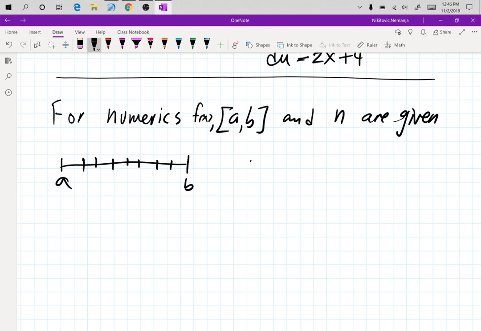So you will calculate that delta x is b minus a over n. Then you go a plus delta x, a plus 2 delta x, and you keep adding these. Then you will be computing the f of x's, and you know the formulas with the patterns: 1, 2, 2, 2, 2, 2, 2, 1 for trapezoid, and 1, 4, 2, 4, 2, 4, 2, 4, 1 for Simpson.